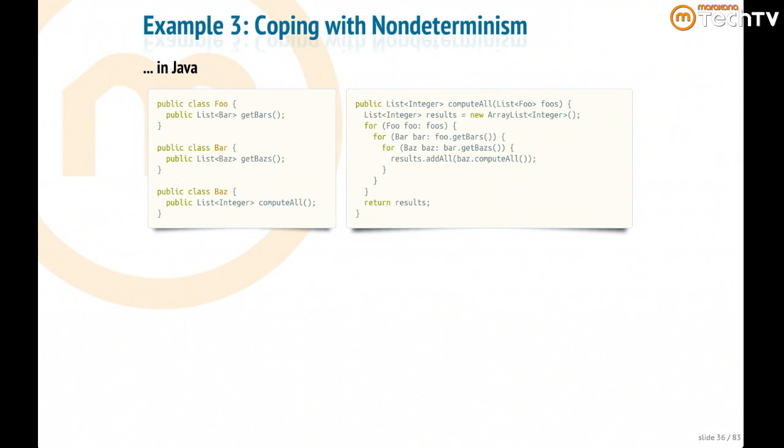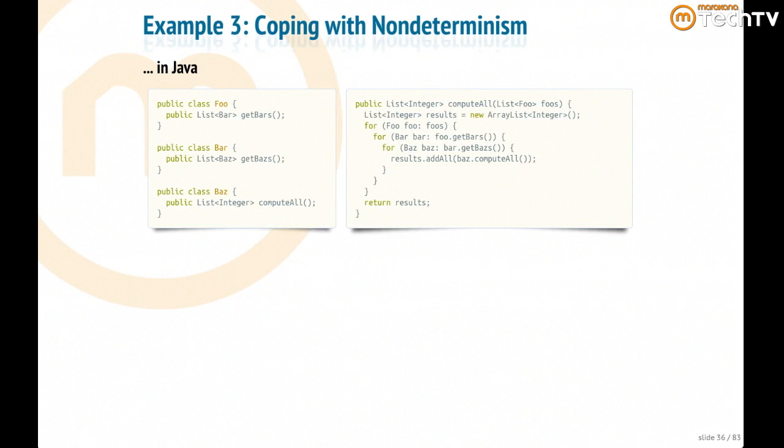And the way this ends up looking is going to be something that's, again, probably very familiar to a Java developer that's ever written nested loops. You loop for all the foo possibilities out of foos, and then all the bar possibilities out of getBars, and so on. And the thing that's a little bit curious here is at the top of the function we've instantiated an empty array list to contain our result set.